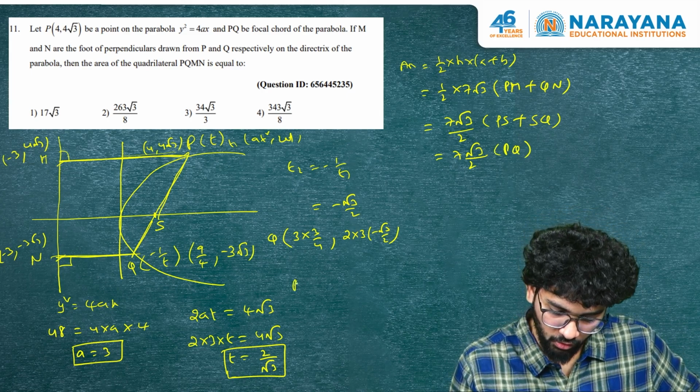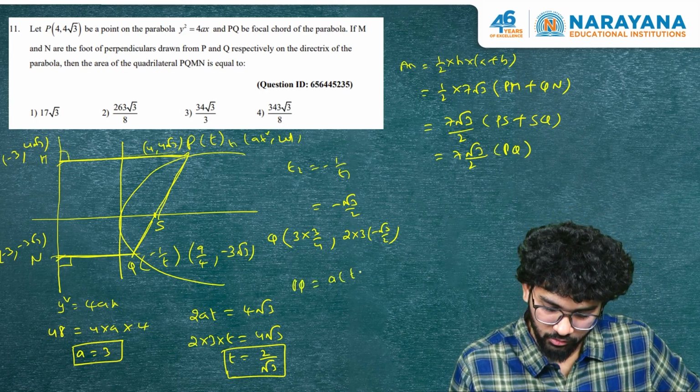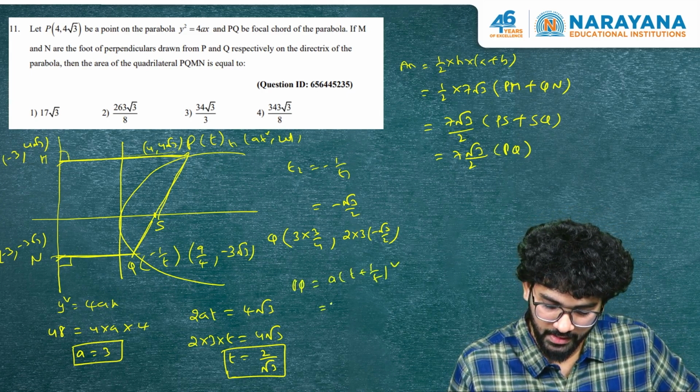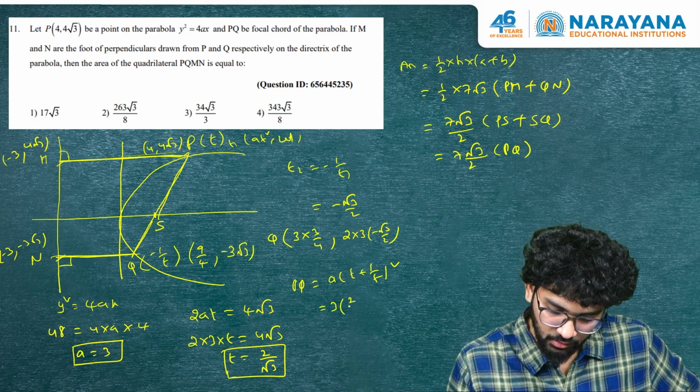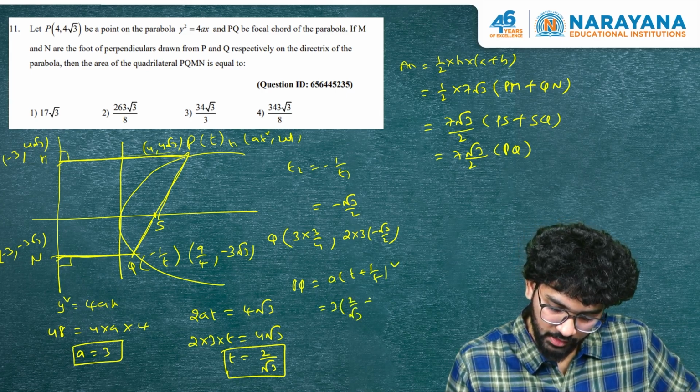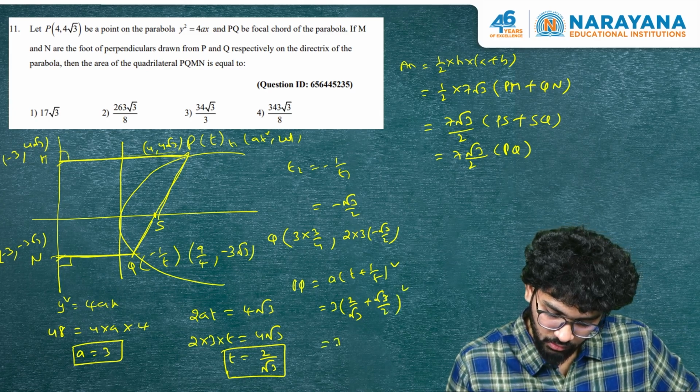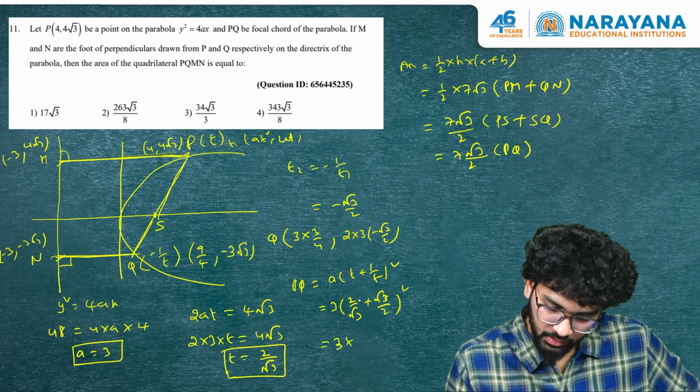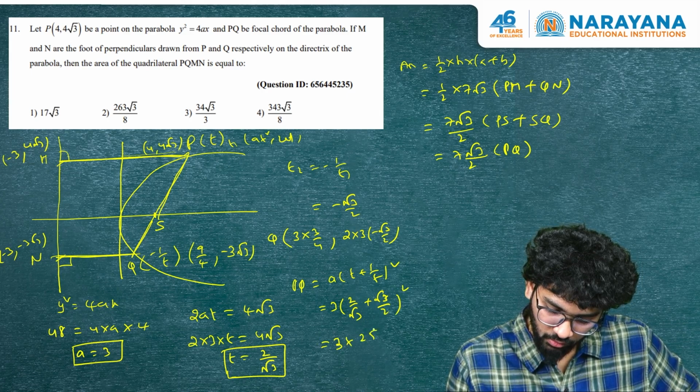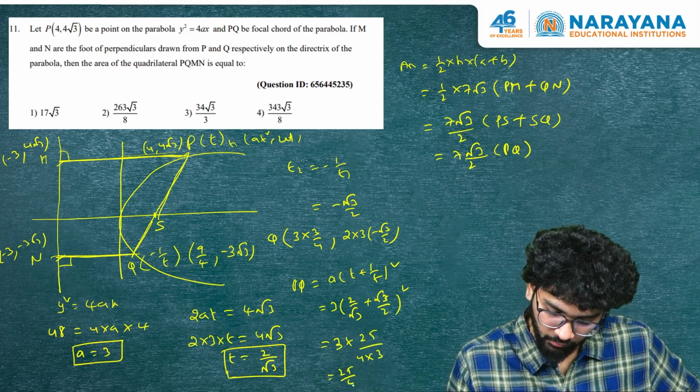So the length of focal chord PQ is a times (t plus 1 by t) whole square. a is 3, t is 2 by root 3, 1 by t means root 3 by 2, whole square. So 3 into this will be, 2 by root 3 plus root 3 by 2 is 4 plus 3, 7 by 2 root 3, so square will be 49 by 12, and with 3 that is 49 by 4.